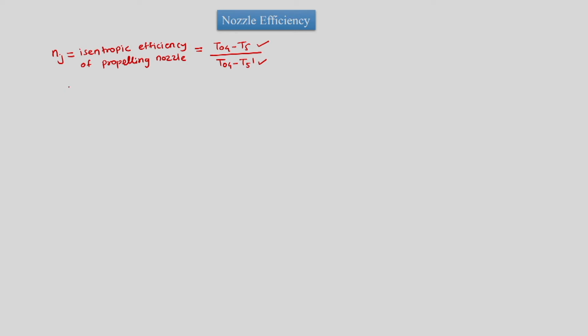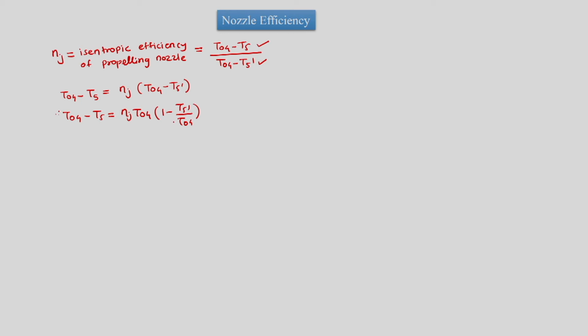So having said this, we can write T04 minus T5 is equal to Nj into T04 minus T5 dash. We can take T04 common, giving 1 minus T5 dash upon T04.